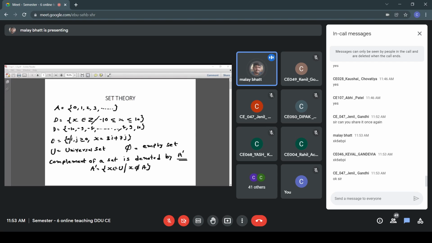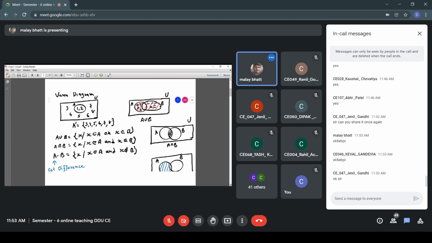To represent the complement of a set, we write A dash. So A dash is defined as x belongs to U, x is in the universal set, and x does not belong to A. This is the very basic thing you know very well since your school, but we have to revise it very quickly.